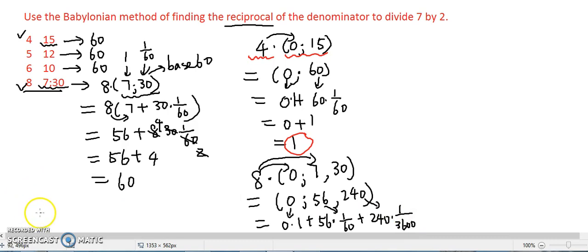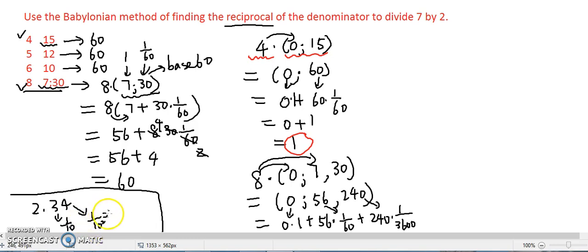If I have a number like 2.34, one place has value 1 over 10, which is 0.1, and the next has 1 over 10 squared, that's 1 over 100. But in base 60, we have 1 over 60 instead of 1 over 10, and 1 over 60 squared instead of 1 over 10 squared. If we work this out, it's exactly going to be equal to 1.